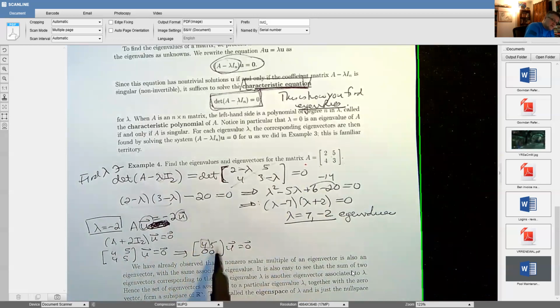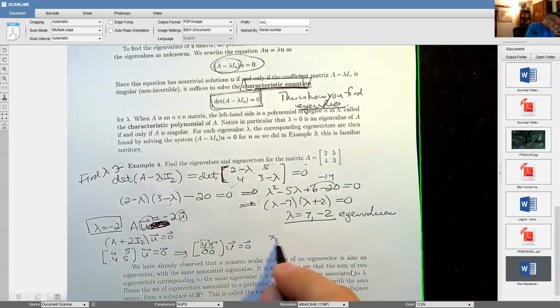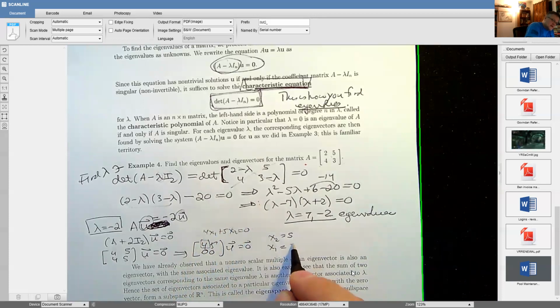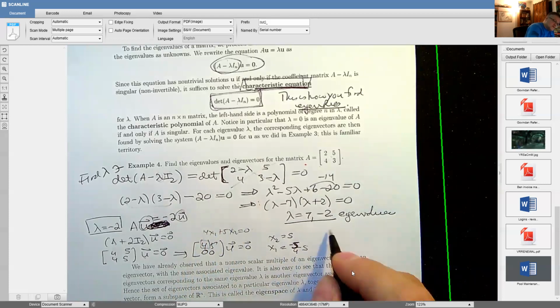Obviously, that's the pivot, and this is the free variable. So let x2 be s. And then x1: 4x1 plus 5x2 is equal to 0. Put an s in here. That's 5s. Subtract from both sides and divide by 4. Negative 5/4 s.